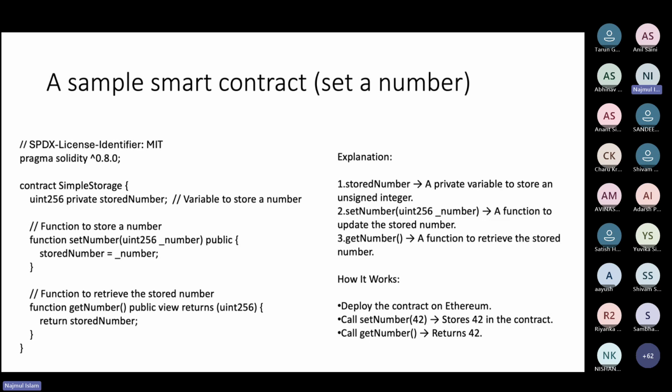As you can see, again it starts similarly with license and version. Then we have a contract of SimpleStorage where we are defining a private variable to store an unsigned integer.